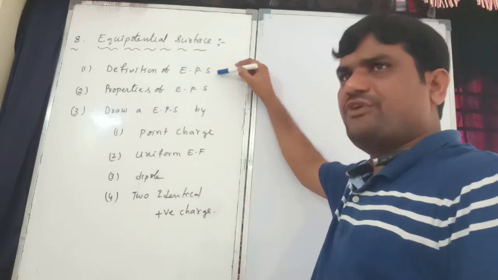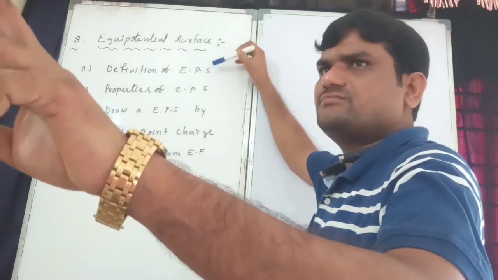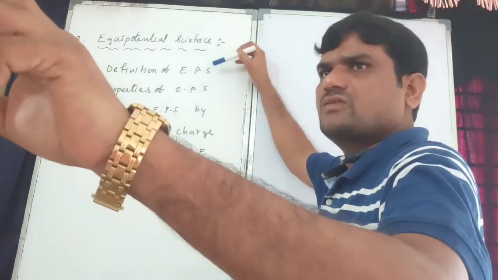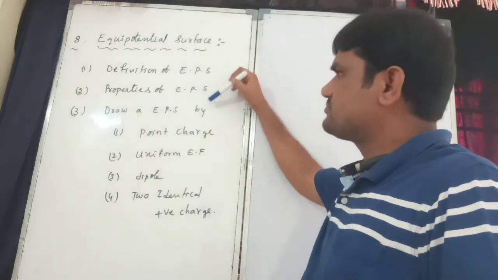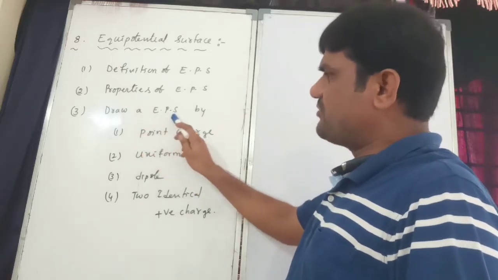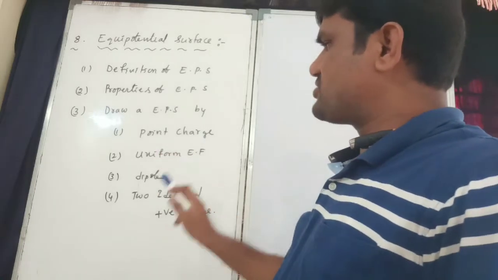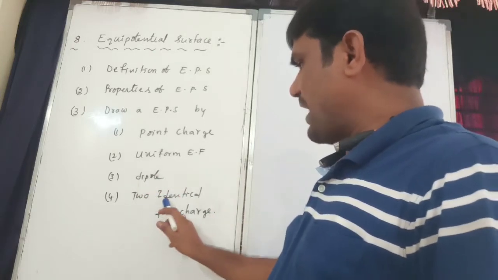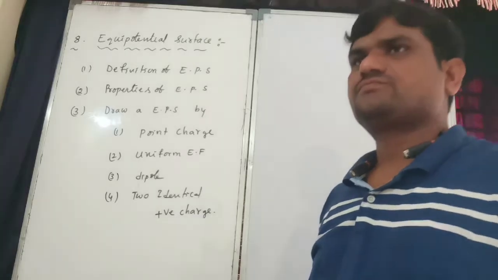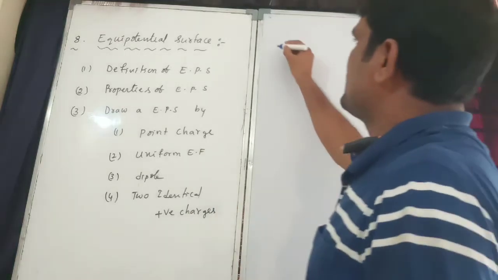One is the definition of equipotential surface, second is the properties of equipotential surface, and third is drawing equipotential surfaces for a point charge, a uniform electric field, a dipole, and two identical positive charges.